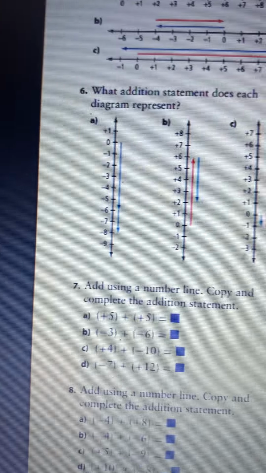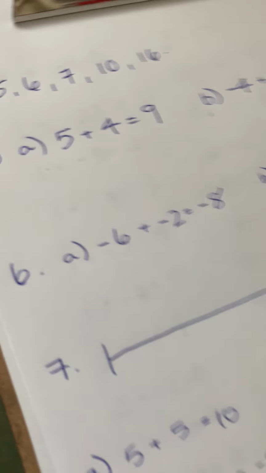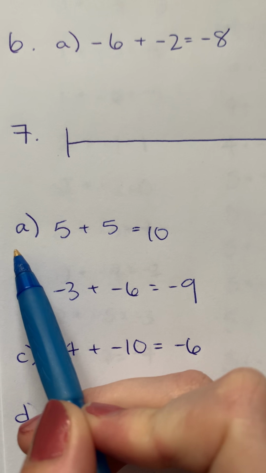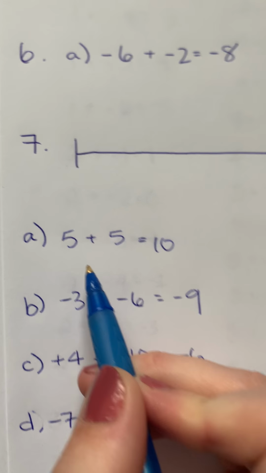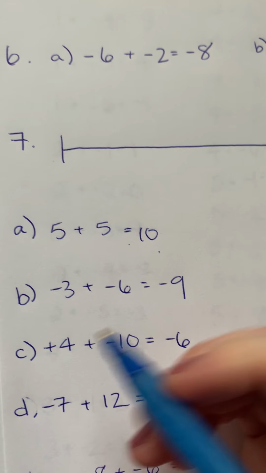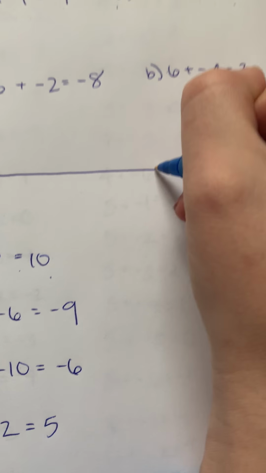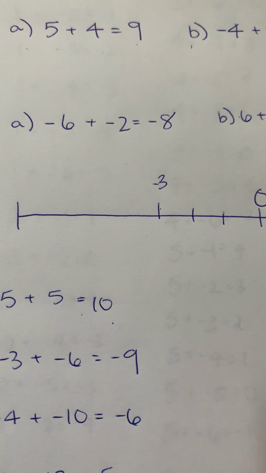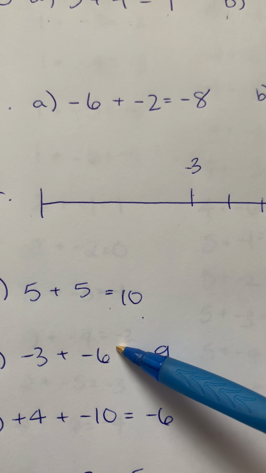Then we had question 7, and it didn't give us a number line, but it asked us to use them. So first we had 7A, which was nice and easy. It was positive 5 plus positive 5, and that equals 10. Next, I have a -3, which I'm just going to draw on my number line. So here's -3. And then I need to add another negative.